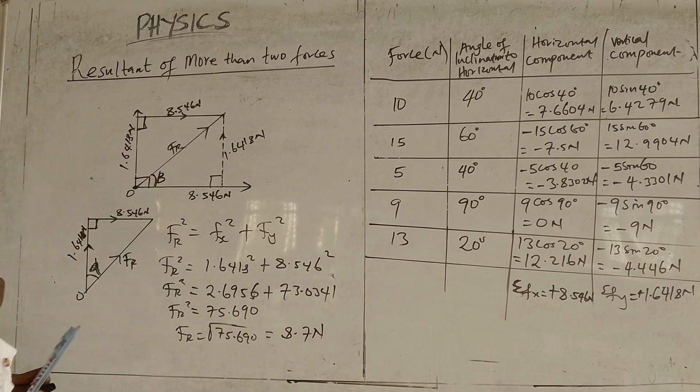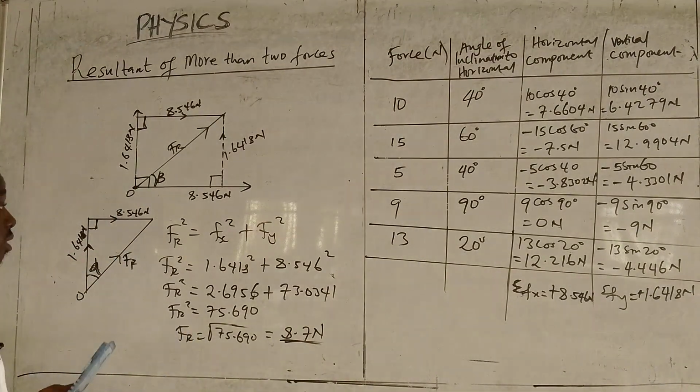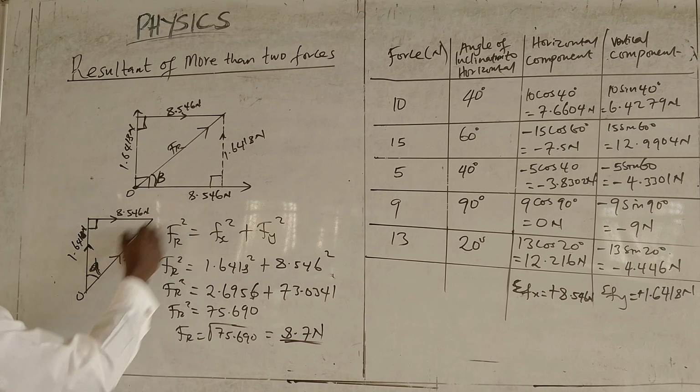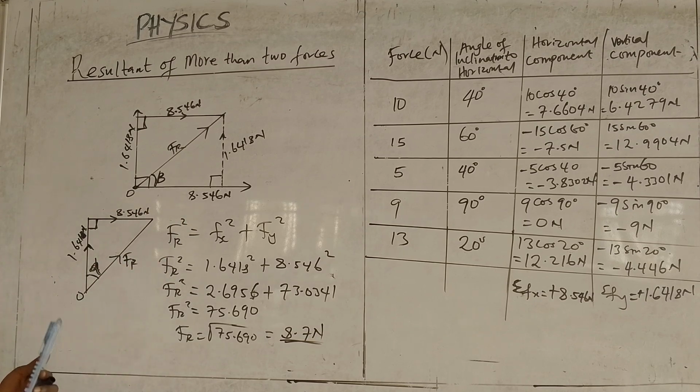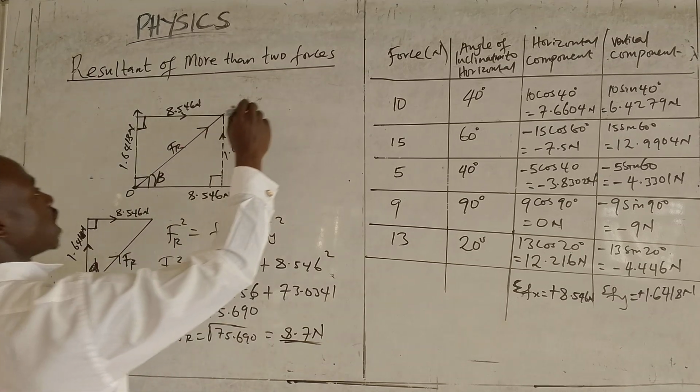So this is just the magnitude of the resultant force. Then what of the direction? If you like, use tan. You can also use cos, since this is adjacent and this is hypotenuse. But textbooks like using tan.